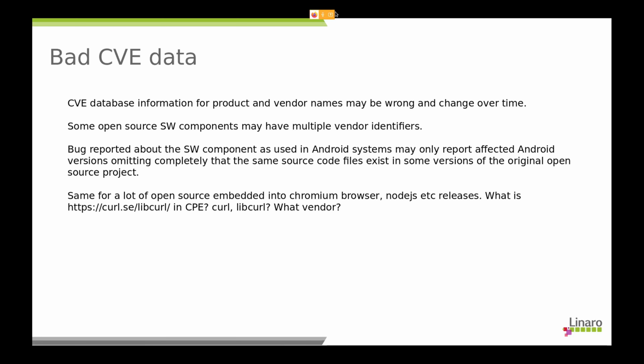Some bug reports therefore only show in the CVE data that they list the Android specific versions only, and not anything related to the upstream version of that software component. One example where the naming is easily wrong is that curl and libcurl are the same thing, but sometimes the names don't match.